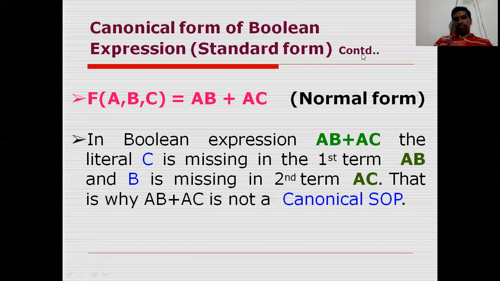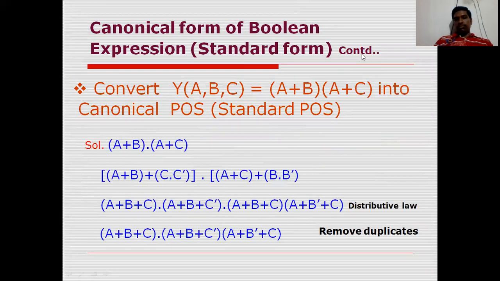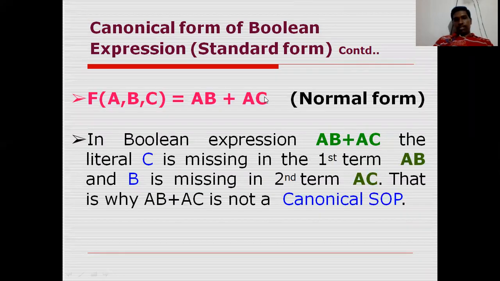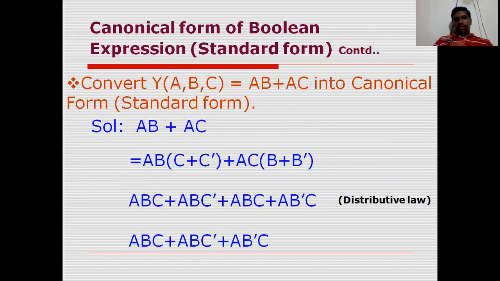I have taken the same example I mentioned previously, and my task is to convert this normal form into canonical form. Y of A, B, C means Y is a function depending on A, B as well as C. That means all three literals should exist in each and every term.